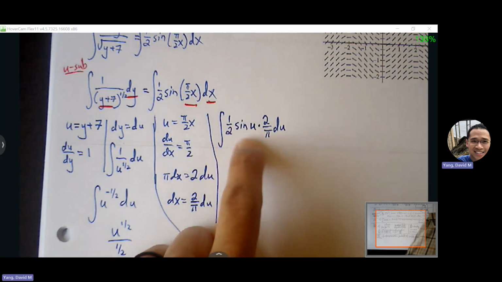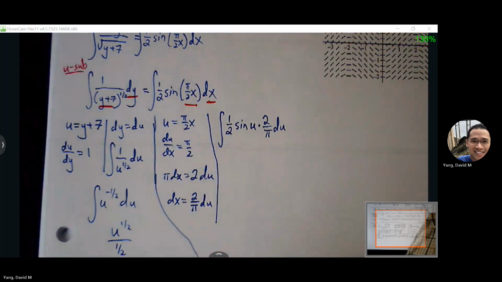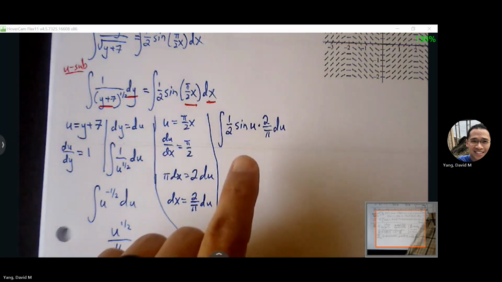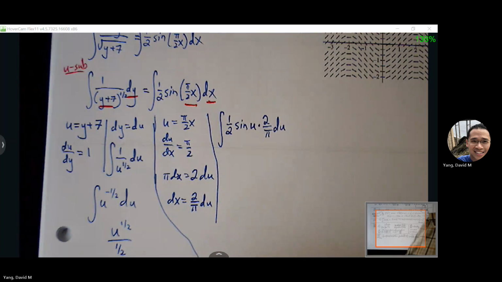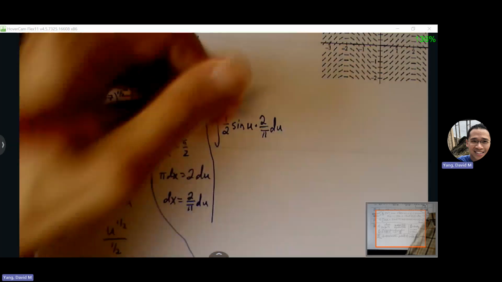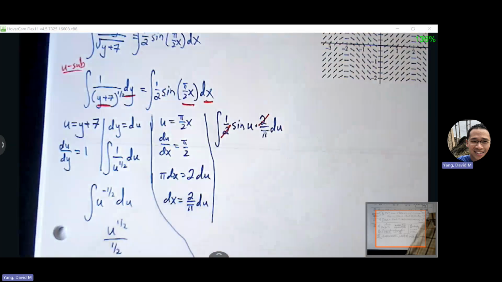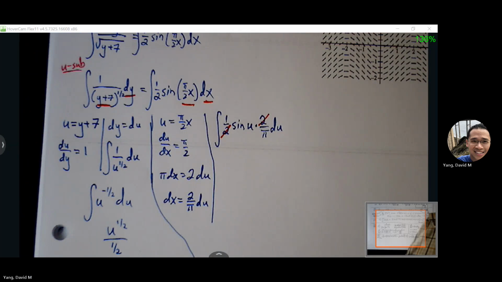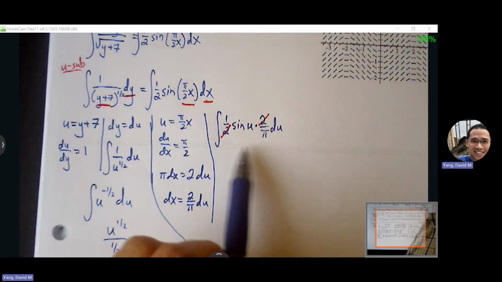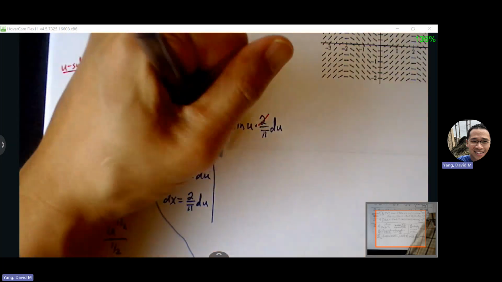Okay, what does this clean up to be? Anything cancel out here? Twos, okay, and then I can push out a what in front? Yeah, that 1 over pi is just a number, right? So it's just a coefficient out in front.